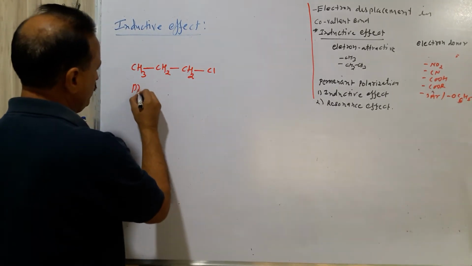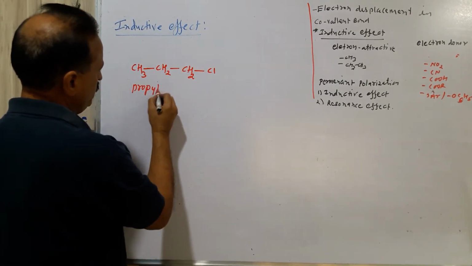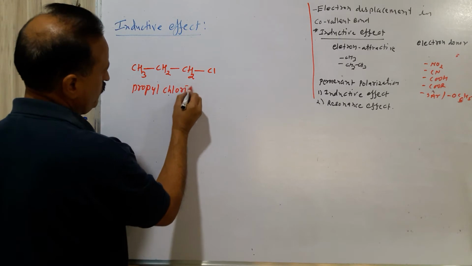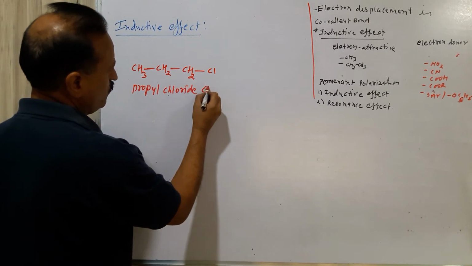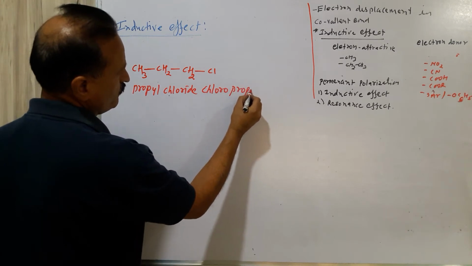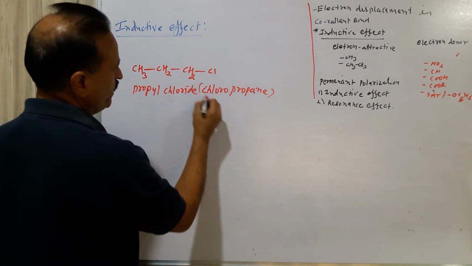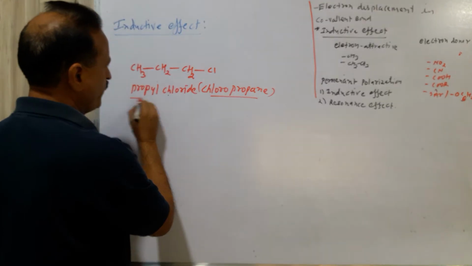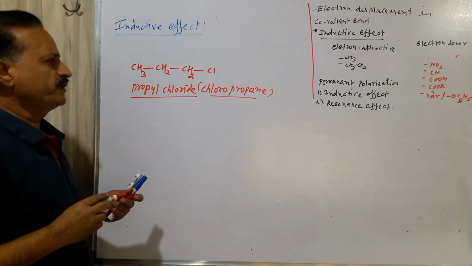This is propyl chloride or chloropropane. Chloropropane is the IUPAC name and propyl chloride is the common name.